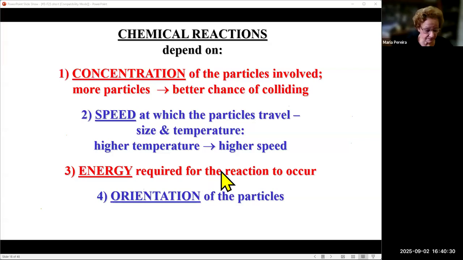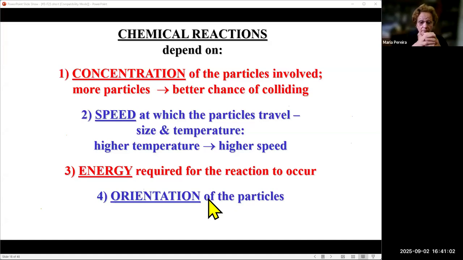And then the energy required for the reaction. Some reactions will require more energy than others. And the orientation of the particles. For the particles to bump into each other and to react, they need to be positioned in a certain way. Let's say this is one particle and this is another particle, and if it bumps like this, it's not going to react. So it needs to be in a certain position.